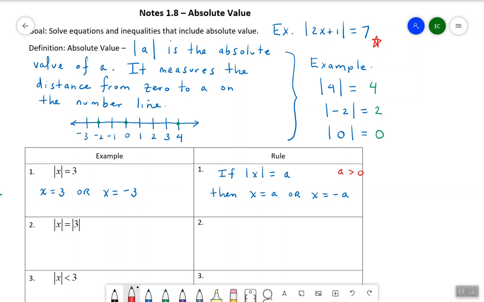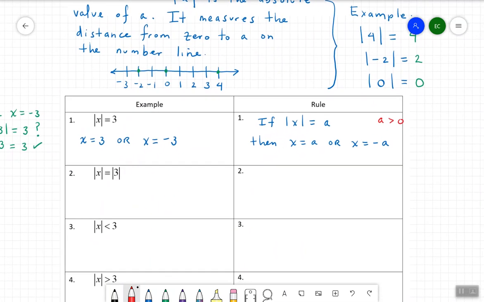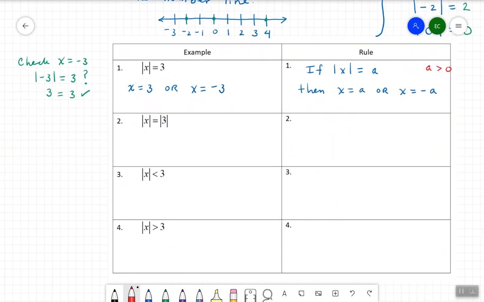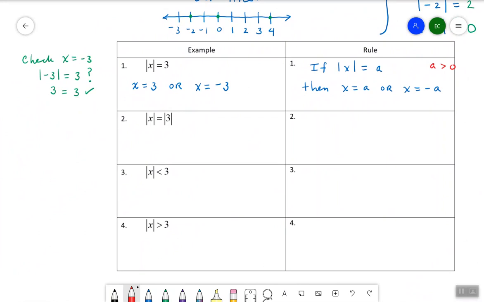But we'll talk about that a little more later in the section. Okay, well, let's go on and let's see a couple more rules. We can look at this next example here. Absolute value of x is equal to the absolute value of 3.